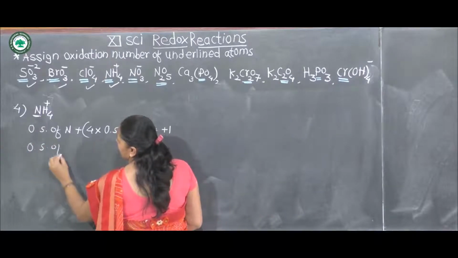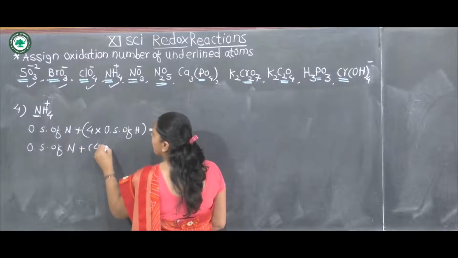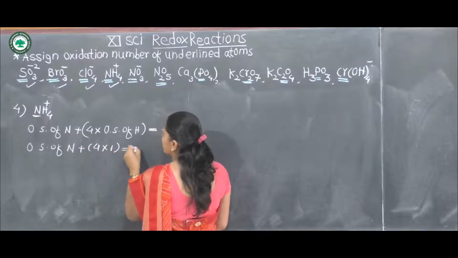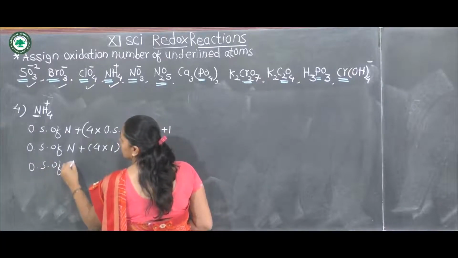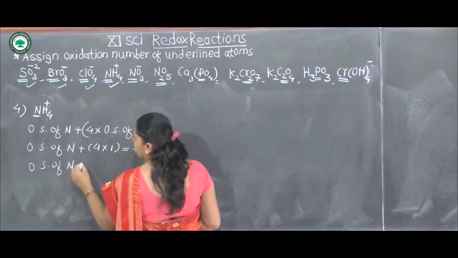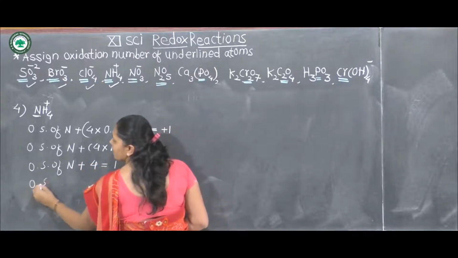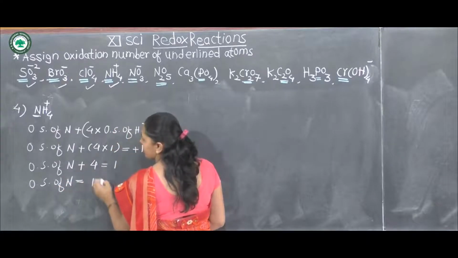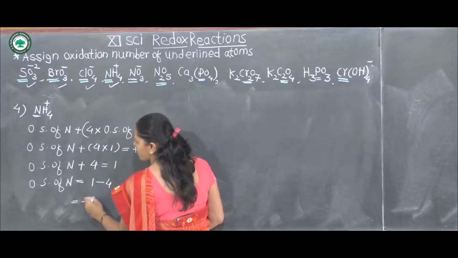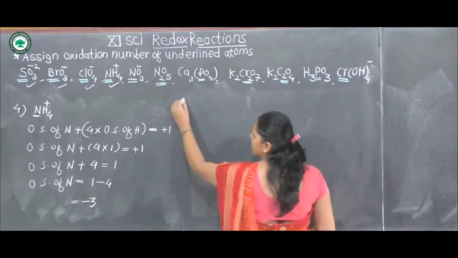Oxidation state of nitrogen plus 4 multiplied by 1 is equal to +1. Oxidation state of nitrogen plus 4 is equal to 1. Oxidation state of nitrogen is equal to 1 minus 4, which is -3. Oxidation state of nitrogen is -3.